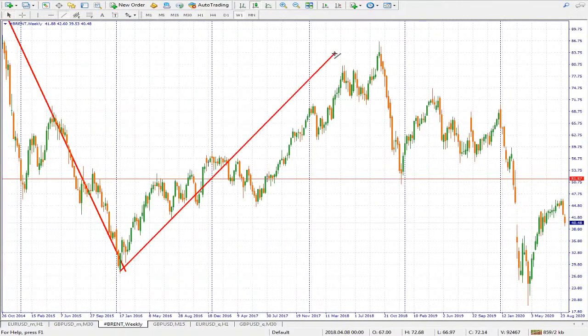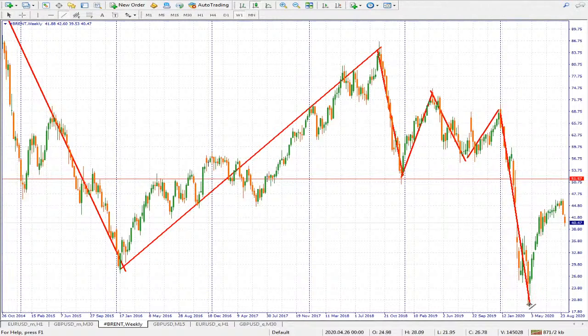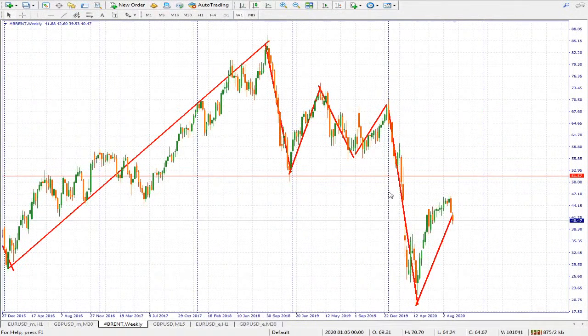We had another correction upwards. Then we had this move to the lower side, another move to the upper side, then another one like this, and then there's this impulsive move to the lower side, and now the price is somewhere here. So I'm going to explain why I'm drawing all these lines. The reason I'm drawing these lines is because they are very useful when you're using the fib levels.